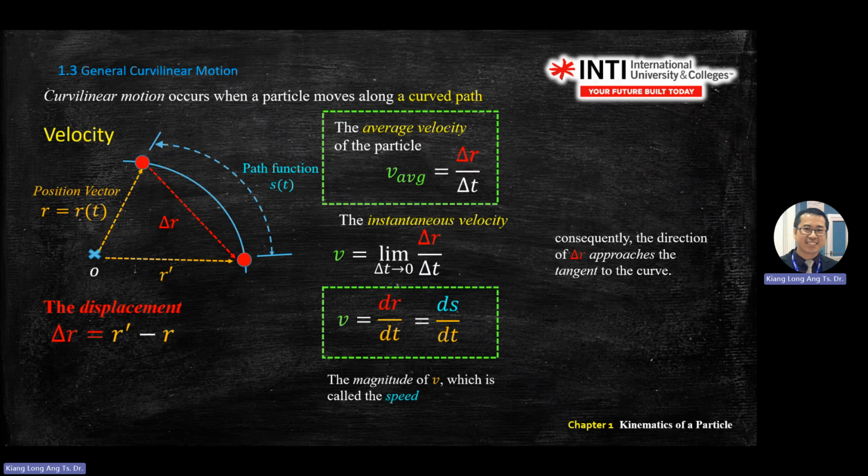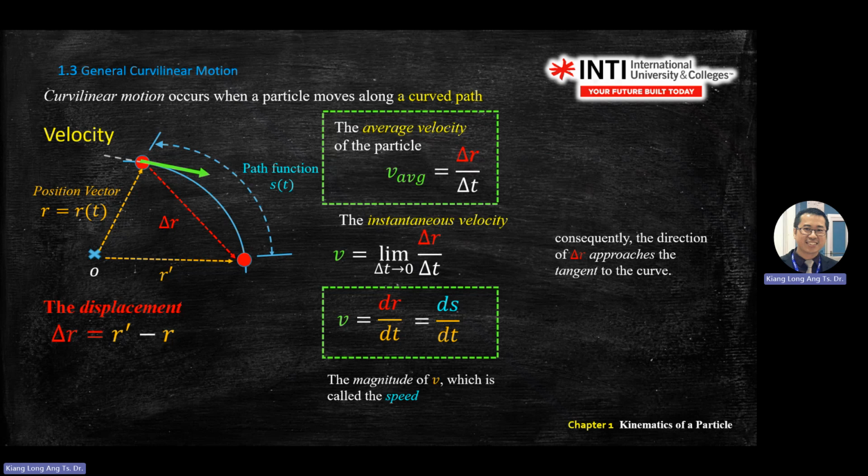And this one is a vector. A vector has direction and magnitude. So if you talk about speed, it means you need to find the magnitude for this one. Do you understand from here to here?